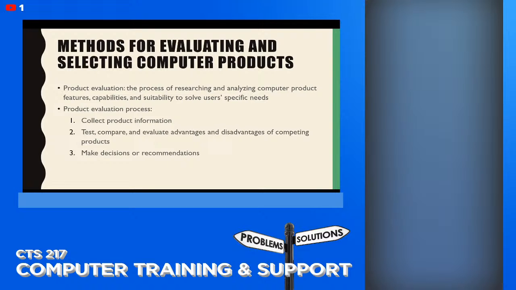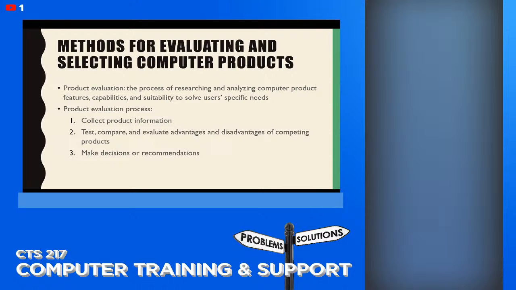So let's talk about some methods for evaluating and selecting computer products, because we have a few of them here. One is product evaluation. As we define that, it is the process of researching and analyzing computer product features, capabilities, and the suitability to solve the user's specific needs.